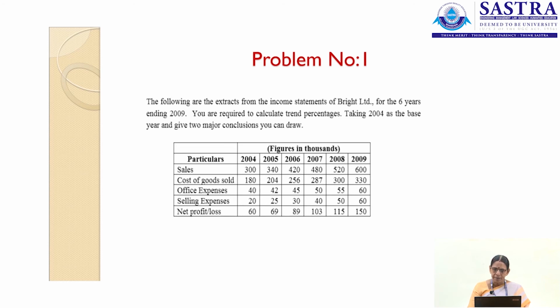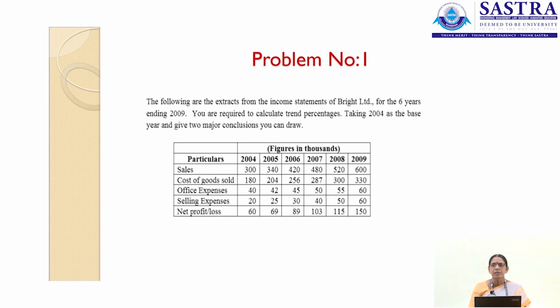So we can predict that the office expenses are increasing at an increasing trend. Whenever expenses are increasing at an increasing trend, the management should justify the productivity of the amount spent. That responsibility is fixed on the management when expenses are increasing at an increasing trend.